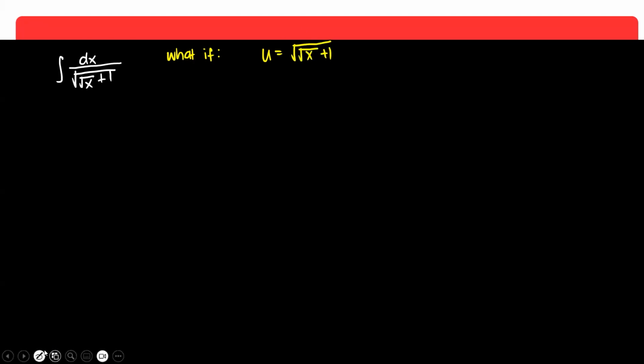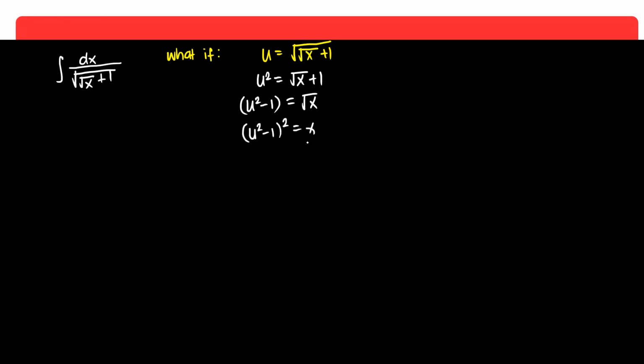What if I did this? Let's try. u squared will be equal to the square root of x plus 1. Therefore, u squared minus 1 is equal to the square root of x. So, u squared minus 1 quantity squared is your x.